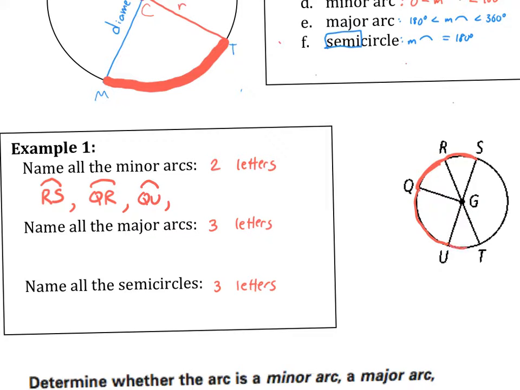Another one, arc UT. Another one, arc TS. I'm actually not done though. We're not quite done. What other minor arcs are labeled here that aren't just consecutive points?